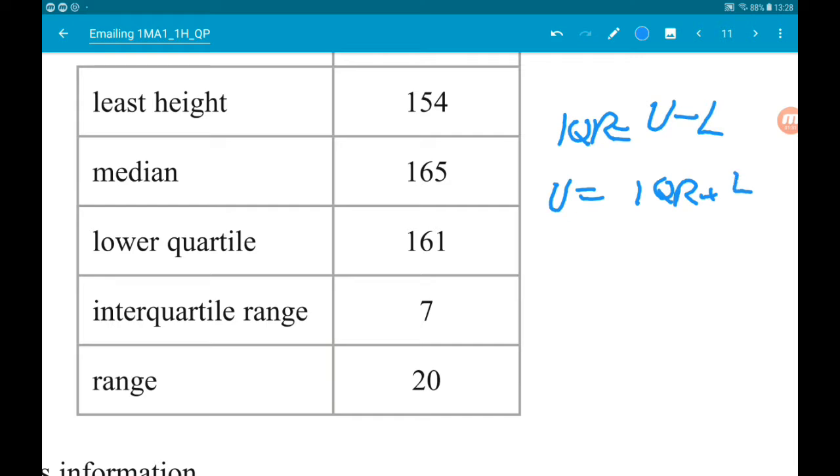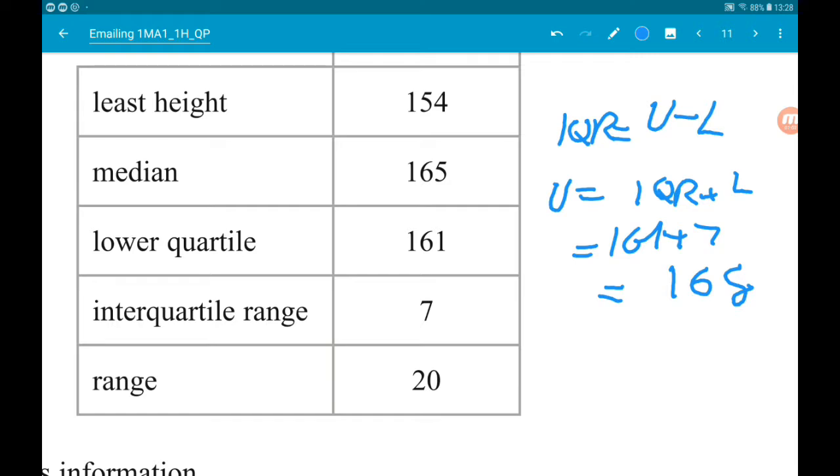So here, that's 161 add 7, which gives us an upper quartile of 168. And then we do the same to get the greatest value.